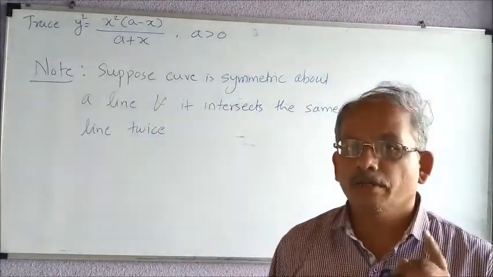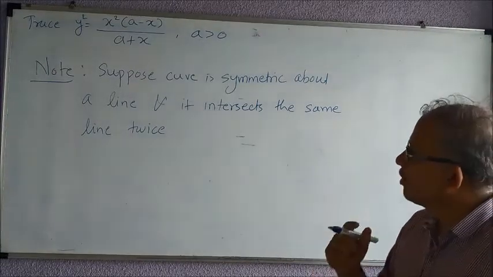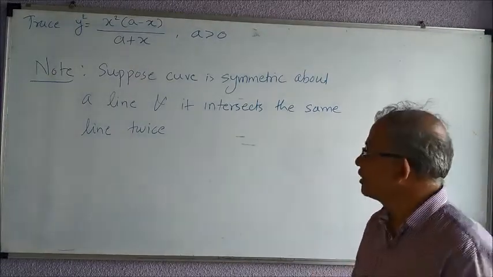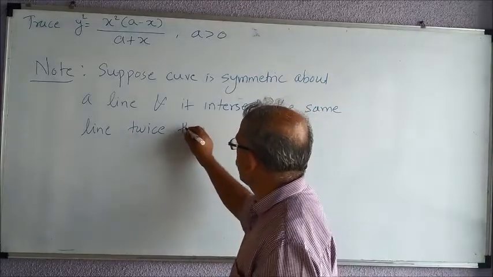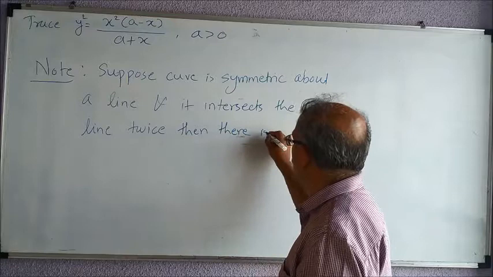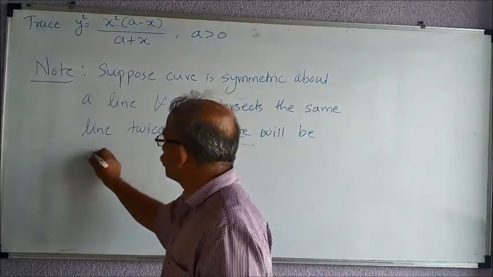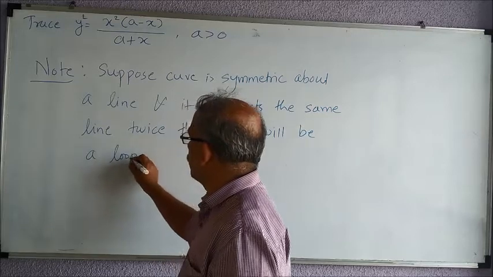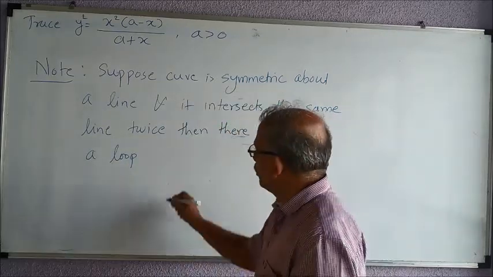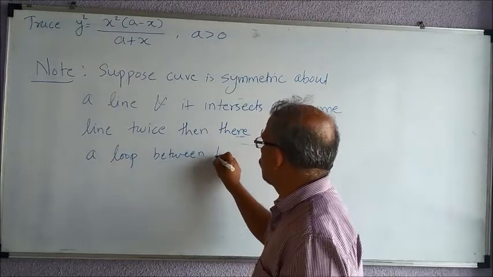Then definitely there will be a loop, symmetric about the line, within those points. There will be a loop-like structure. There will be a loop between those points.